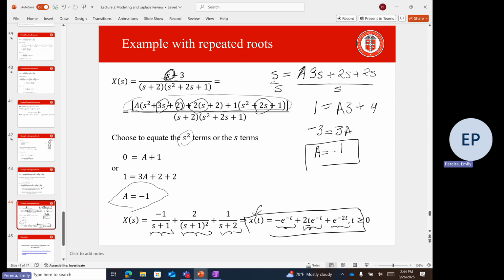Okay, so that's the solution to this problem using the partial fraction expansion in the case of repeated roots.